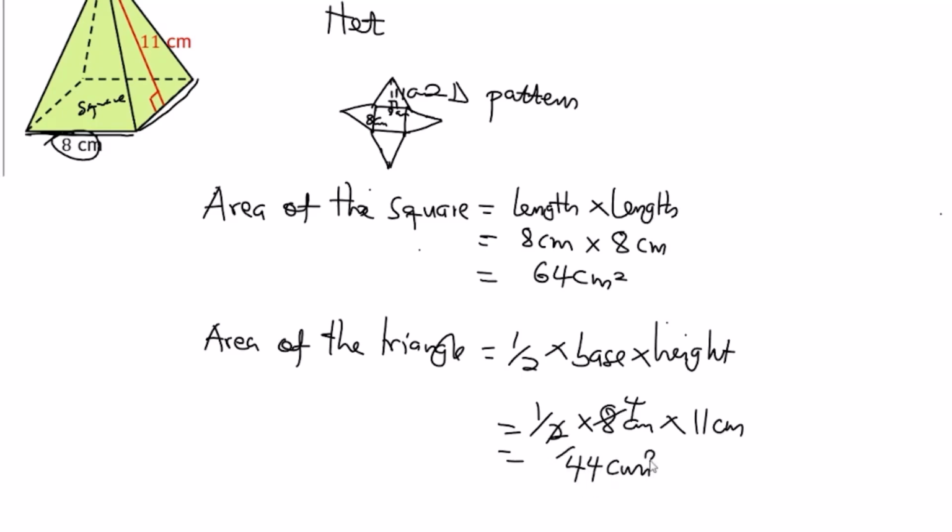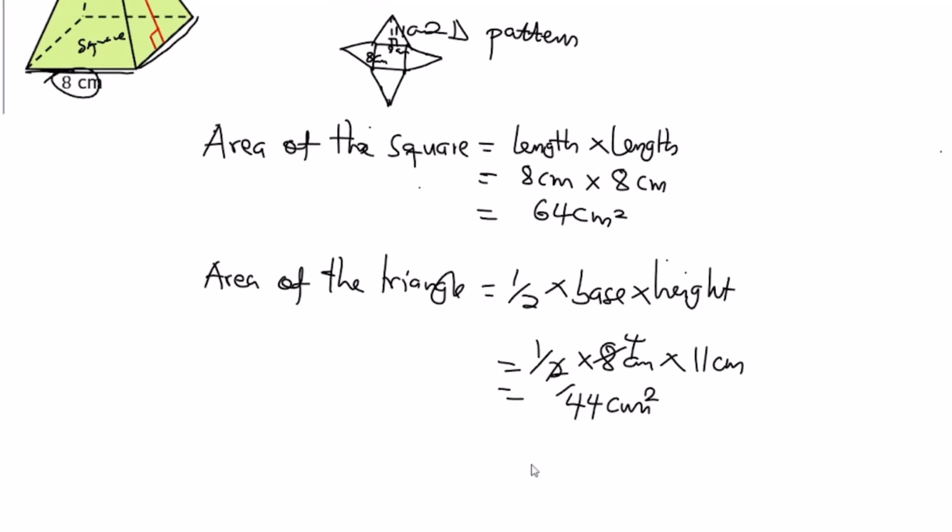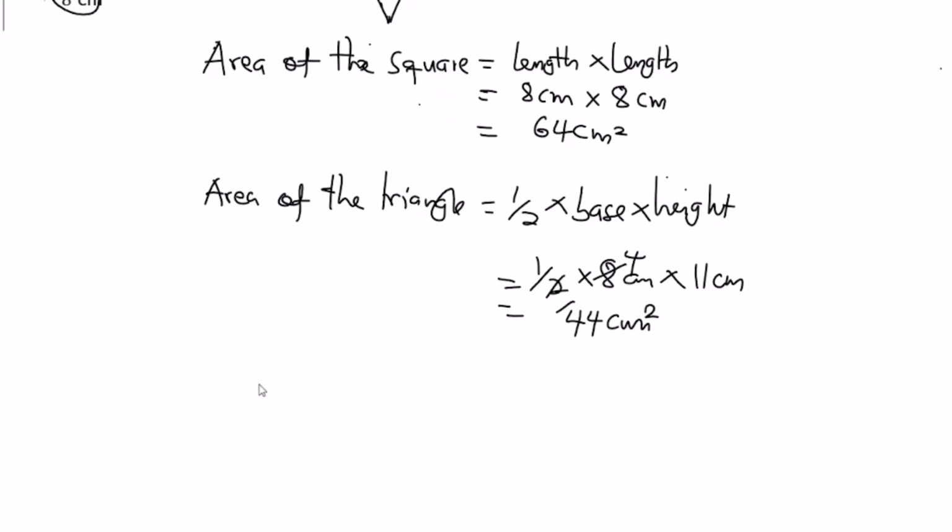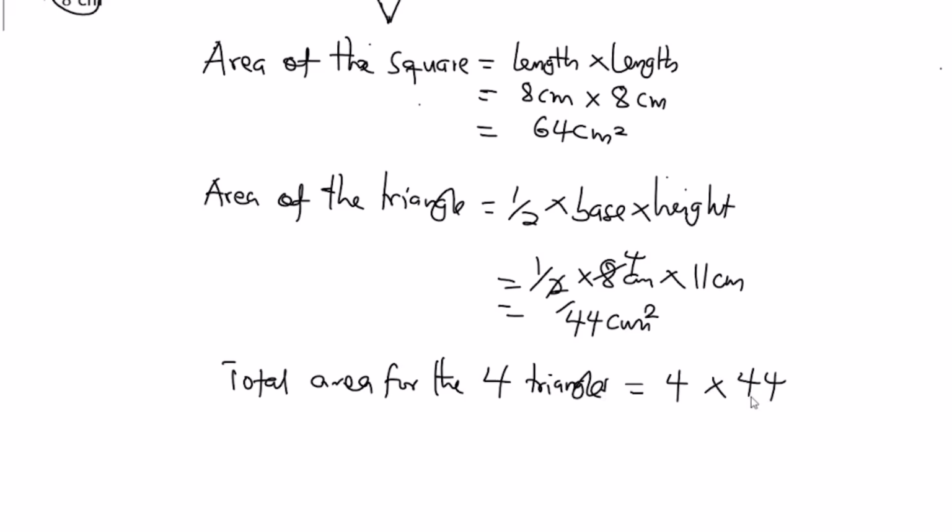So 44 centimeters squared. Now, since the triangles are 4, if you want to find the total area for the 4 triangles, then we are going to multiply the area of one of the triangles by 4. So we're going to have 4 times 44. Now, 4 times 44 gives us 176. So that becomes the area for the 4 triangular faces.